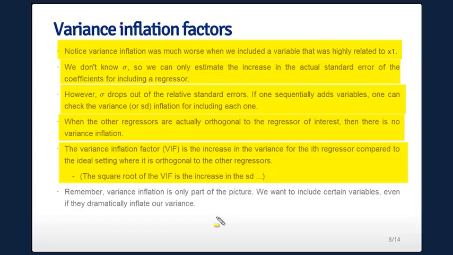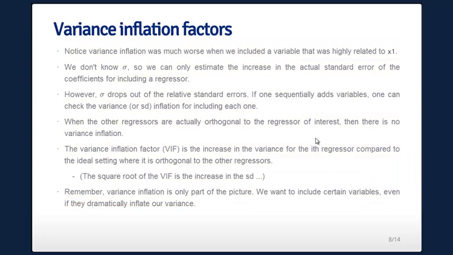And the square root of the variance inflation is the increase in the standard deviation instead of the increase in the variance. And remember, variance inflation is only part of the picture. We may even want to include a variable even if it inflates the variance of our variable of interest, because it's an important thing to adjust for.